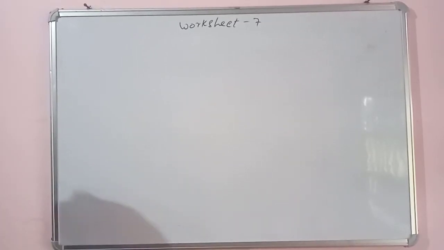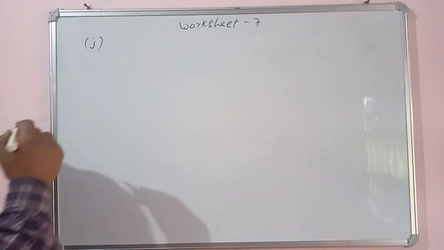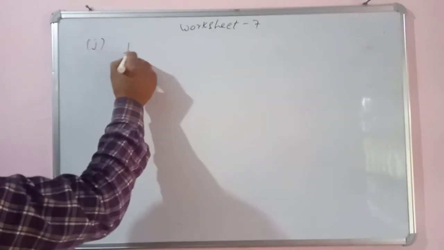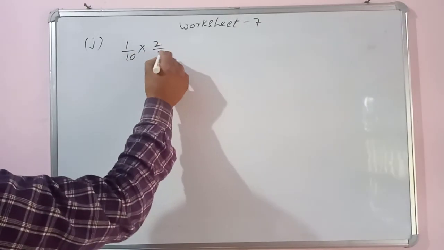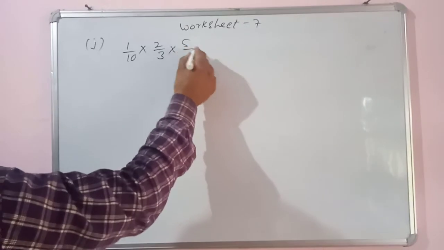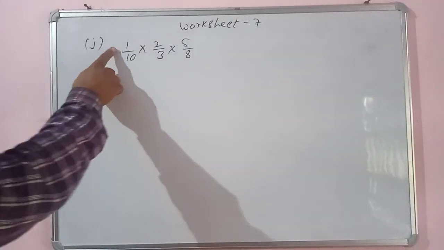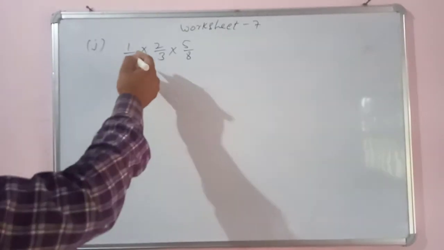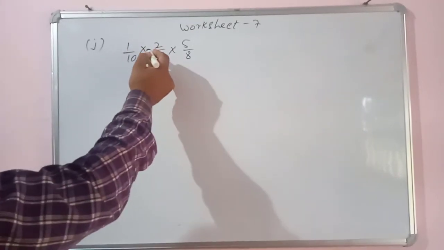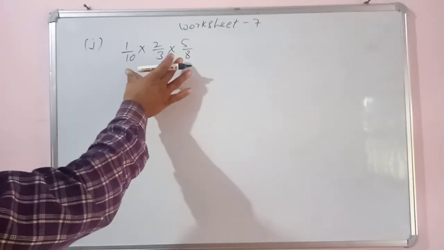So now we have another part. In this part three fractions are given. That is 1 by 10 multiplied 2 over 3 multiply 5 over 8. The method is the same. First of all, check whether any number can be divided with 10. So first of all, check whether any denominator is divisible by 2.